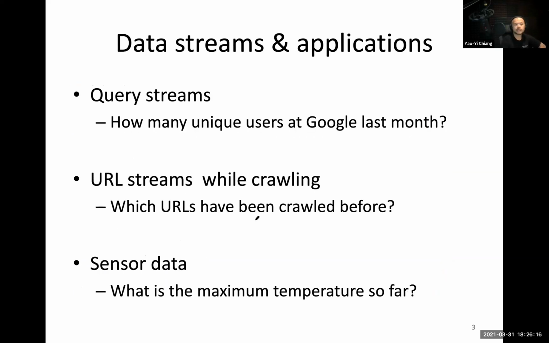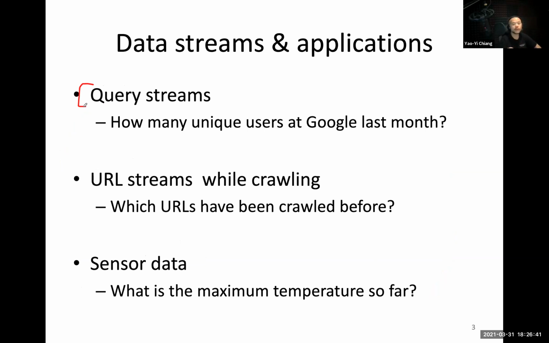All right, data streams and applications. Queries can be streams, right? So if you build an API, for example for Google or for your own organization, you want to be able to understand how other people use your API, right? And every time they send a request to your API, that's streaming data.